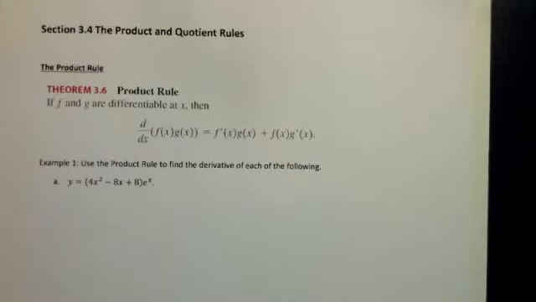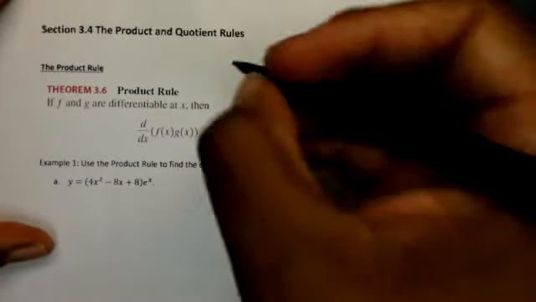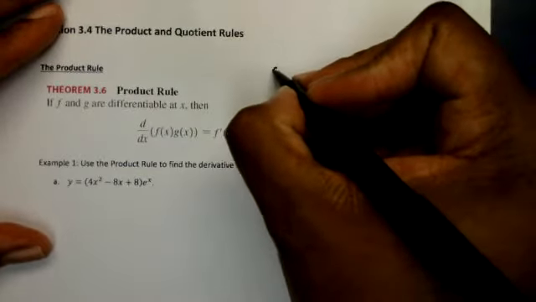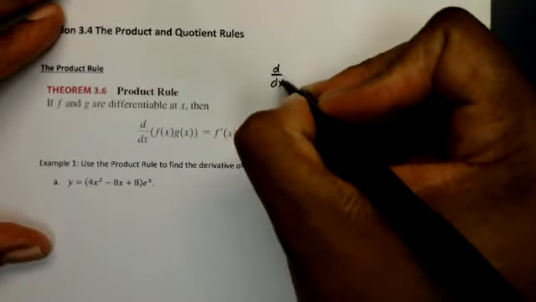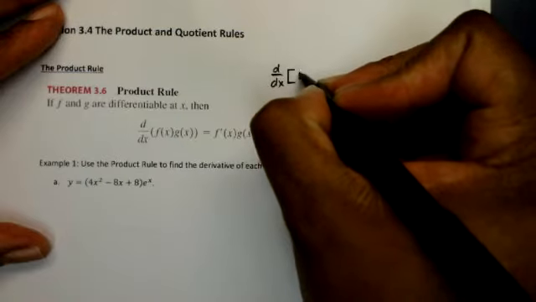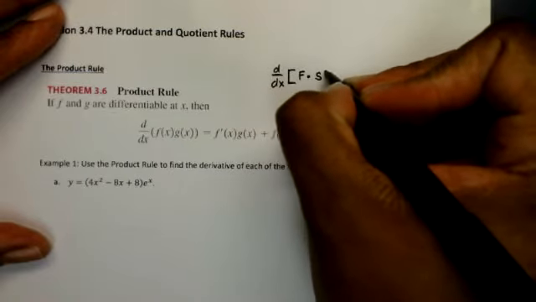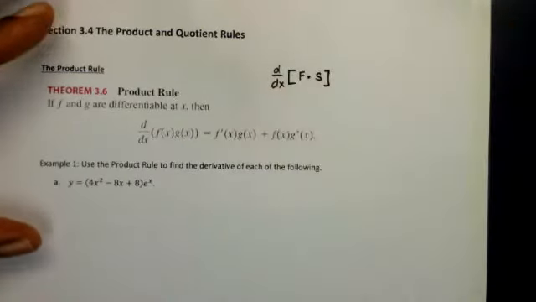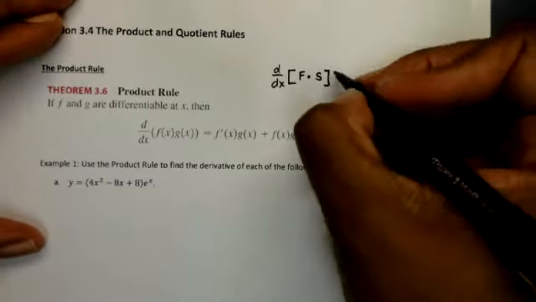Now, the way I remember the product rule when I took a course like this is this. I let the first function be f and the second function be s, first times the second, and I want to take its derivative. Here's how I remember it.